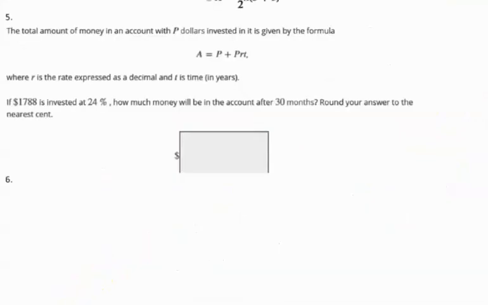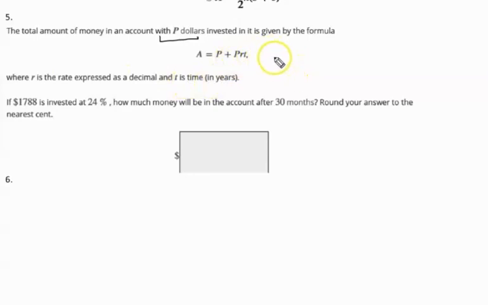All right, now for number 5, we're going to look at the total amount of money in an account with P dollars invested is given by this formula, where R is the rate expressed as a decimal and T is the time in years.